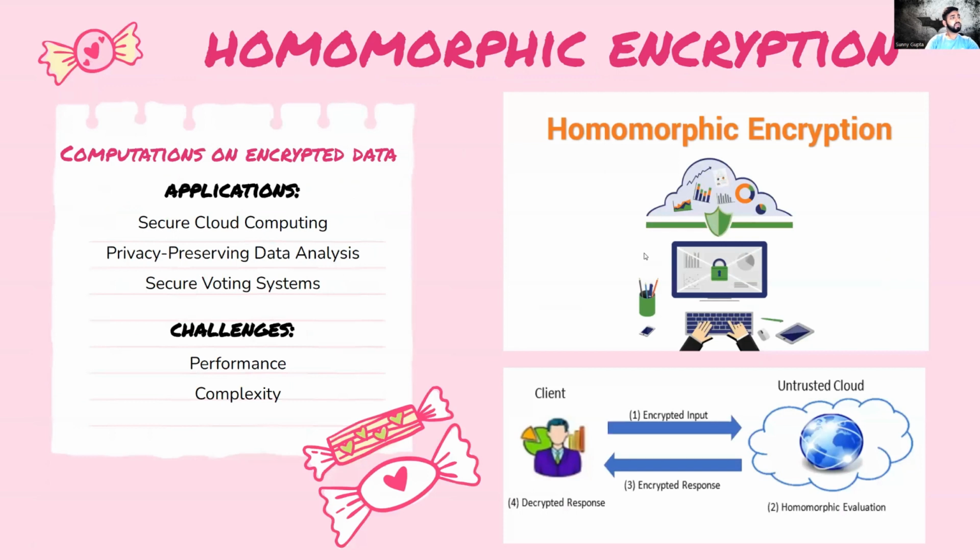So looking here, first we will be talking about homomorphic encryption. This is something that enables computations on encrypted data, producing results that, when decrypted, align with operations on the original plain text. Some of the applications that we could see for this technology developing are secure cloud computing, which offloads computations to a cloud confidentially, maintaining data privacy.